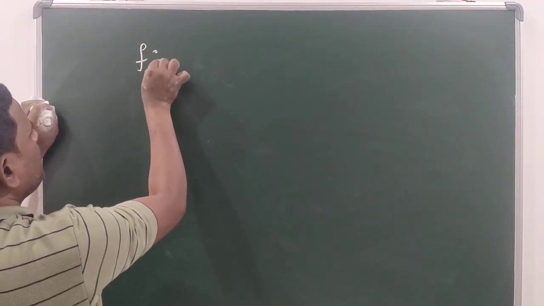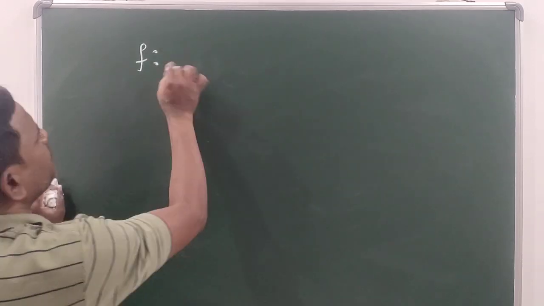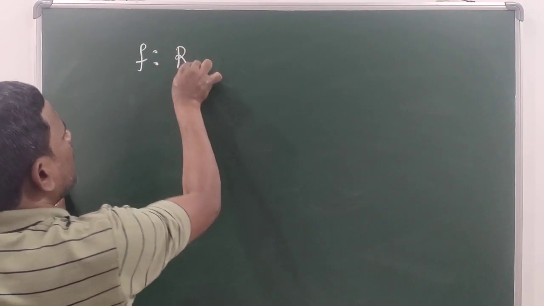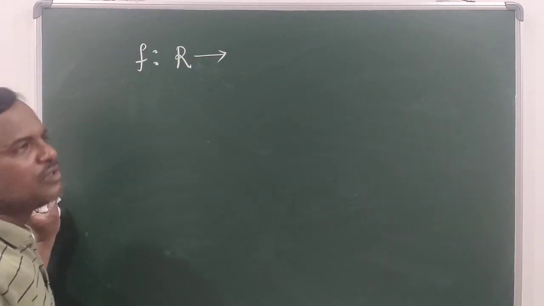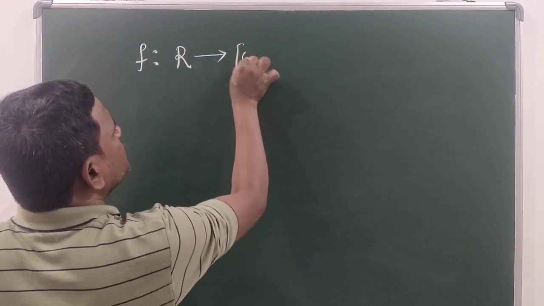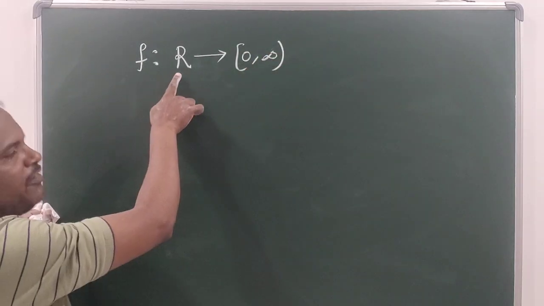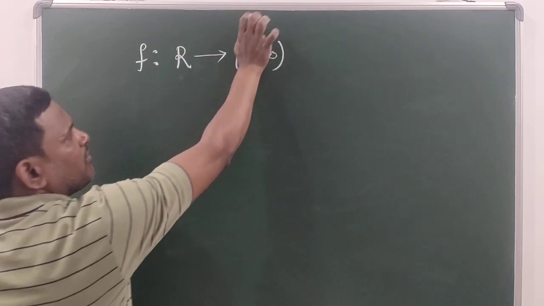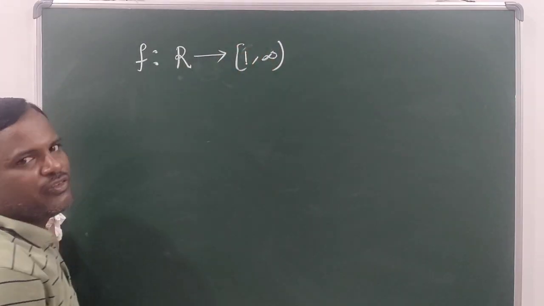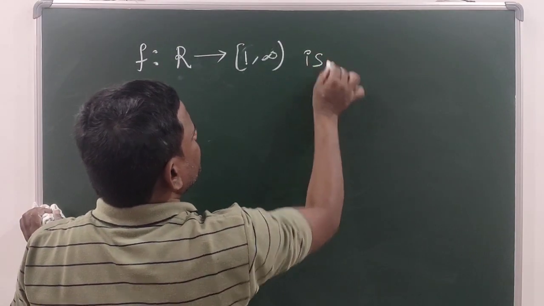F is a mapping from R to the closed interval 0 to infinity. This cosine function is defined on the entire real number set, whereas the range will be the closed interval 1 to infinity.